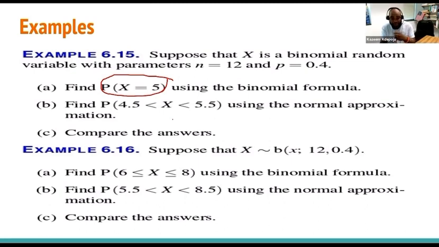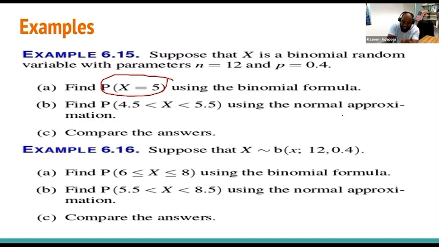I want to answer a question that has to do with discrete using normal approximation. If I want to do that, I'm going to rob Peter to pay Paul. I'm going to subtract 0.5 from 5, that gives me 4.5, and I'm going to add 0.5 to 5, that gives me 5.5. Then I'm going to find the probability of X lying between 4.5 and 5.5.